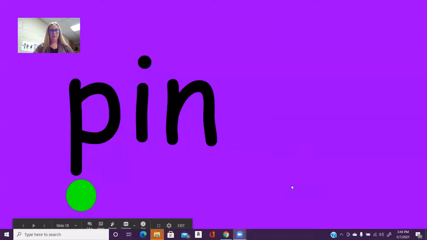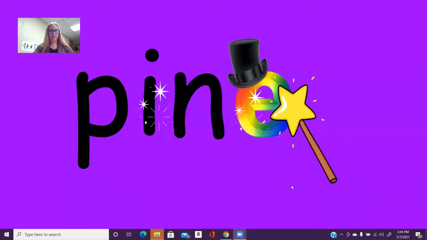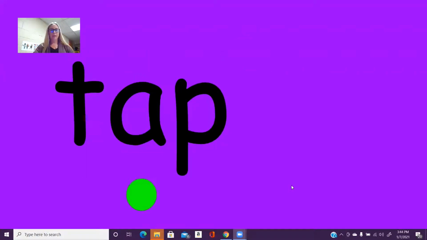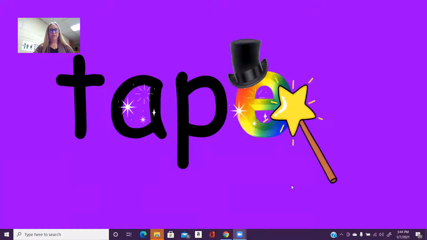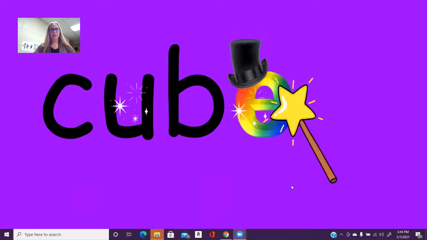So if we do this word, we have p, I, n, pin, add our E, and the word is pine. Tap, add the E, and our word is tape. Cub, add the E, the word is cube.